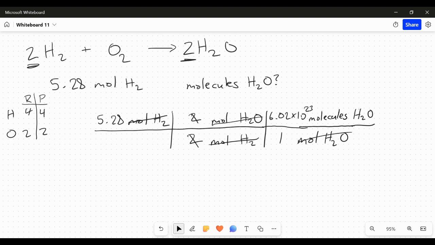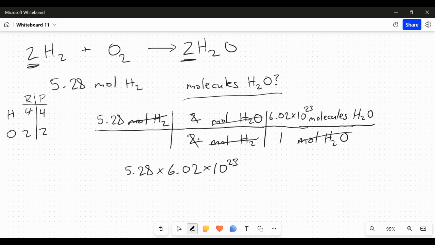Now the only unit I've got left is molecules of H2O. That's what I was asked for. So all we got to do is squish it together and solve it. On the top, I have 5.28 times 6.02 times 10 to the 23rd.